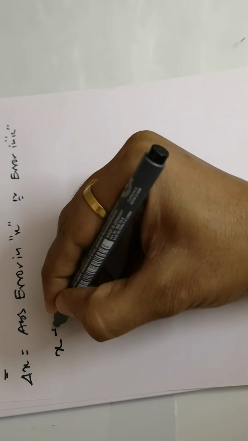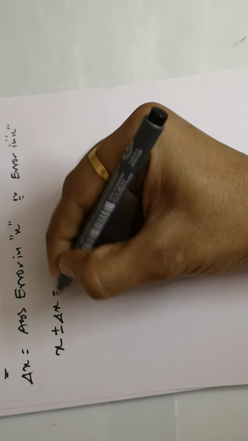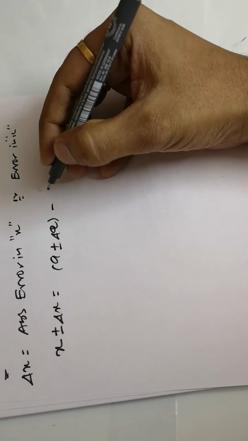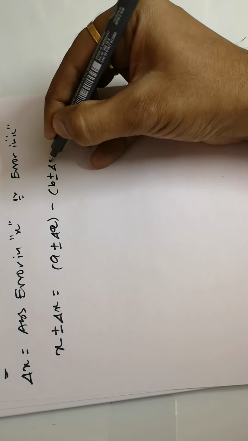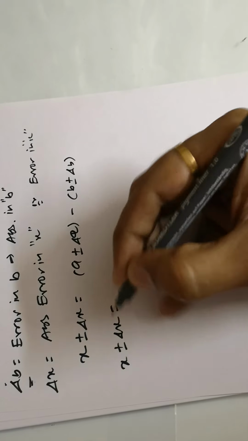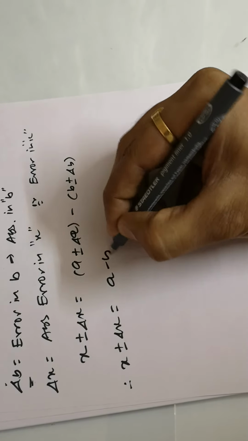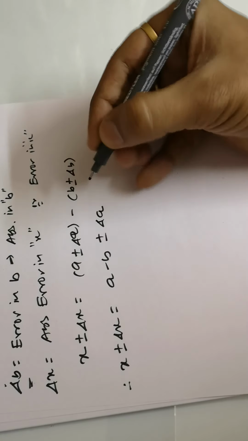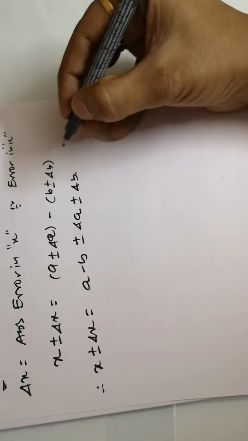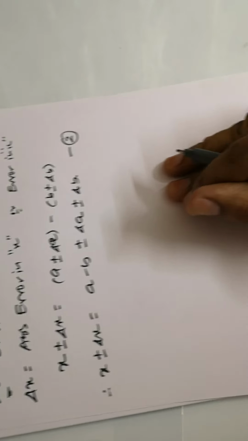As per our rules, I'm mentioning that x plus or minus delta x equals a plus or minus delta a minus b plus or minus delta b. Arranging these terms gives me the answer a minus b plus or minus delta a plus or minus delta b. From equation number 1 we have x equals a minus b.